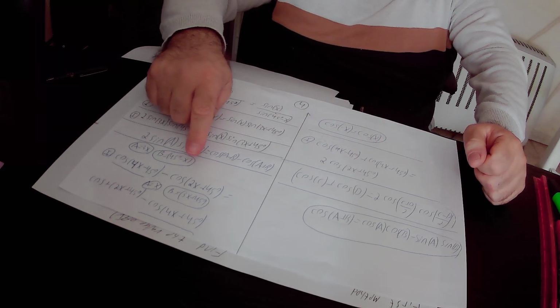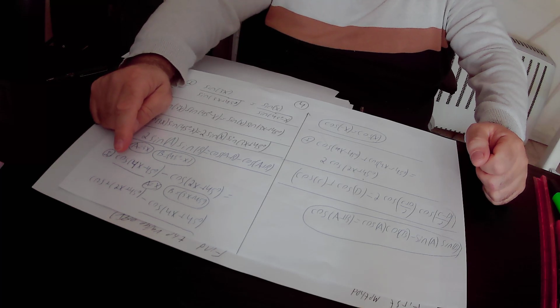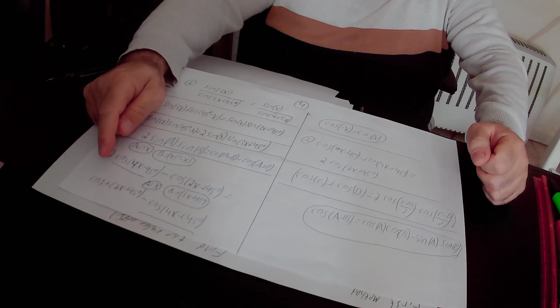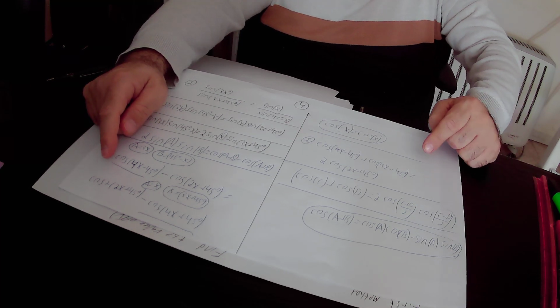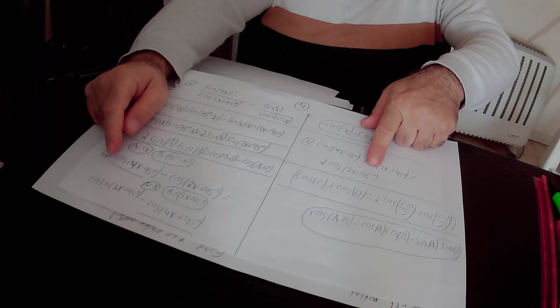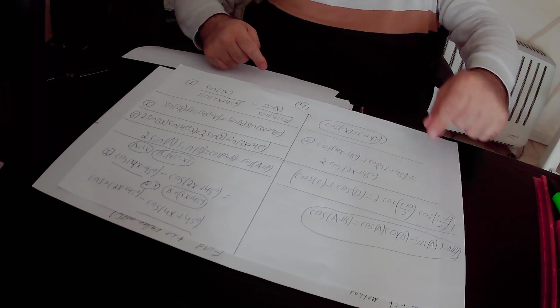Then we added to this equation also cosine 2x plus 45 degrees, so cosine 2x plus 45 degrees plus cosine 2x plus 45 degrees equals 2 cosine 2x plus 45 degrees. So we got this expression.